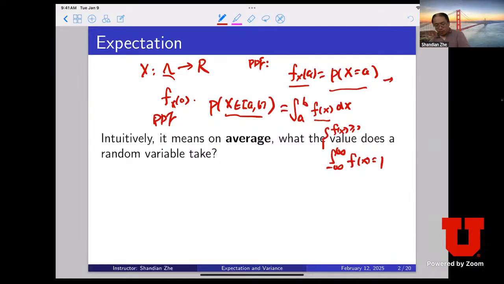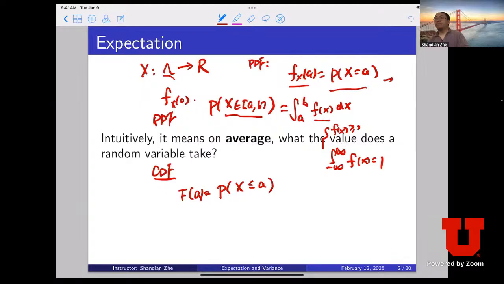Then we also have the CDF, the cumulative distribution function. This one is exactly the same as the definition in the discrete random variable case. Basically, the CDF is just the probability that your random variable takes a value less than or equal to A. That's the PDF, that's the CDF.